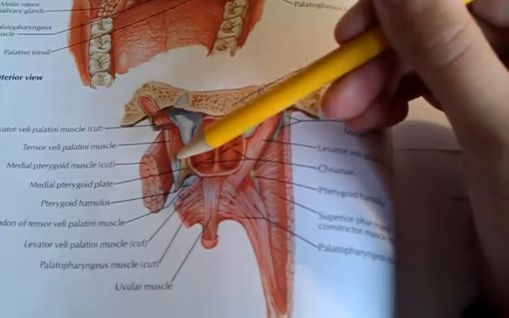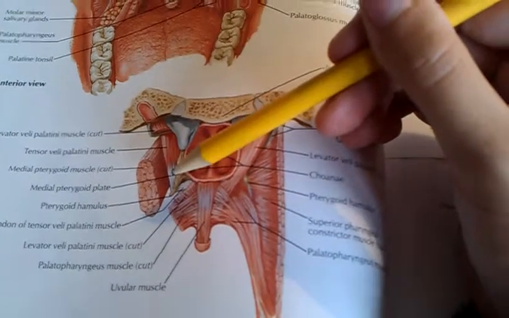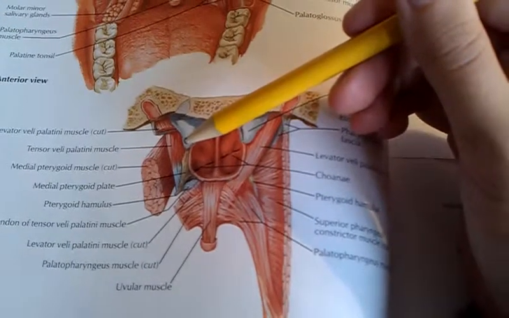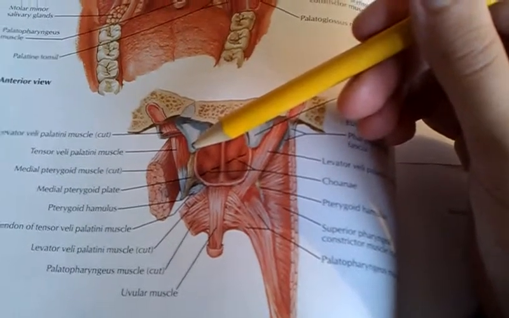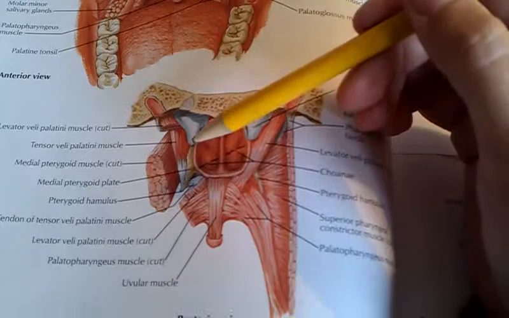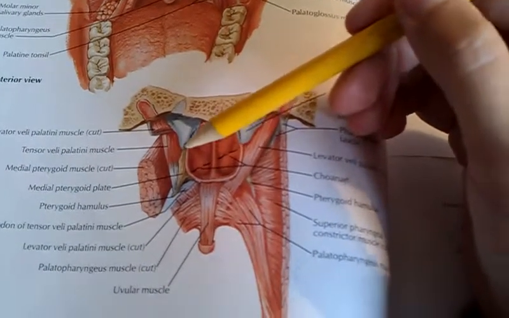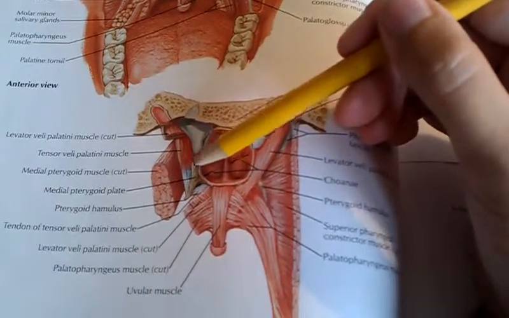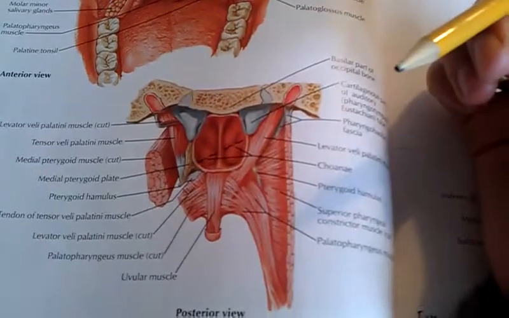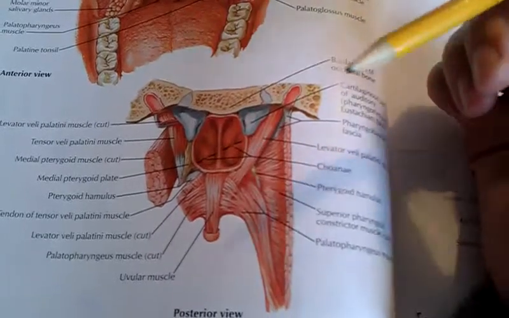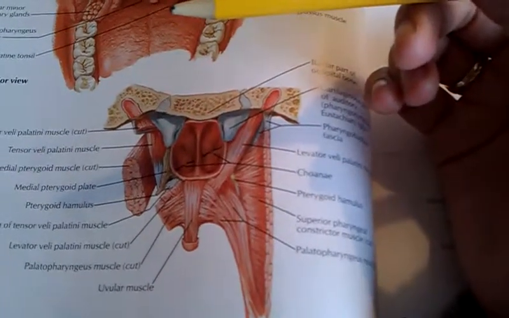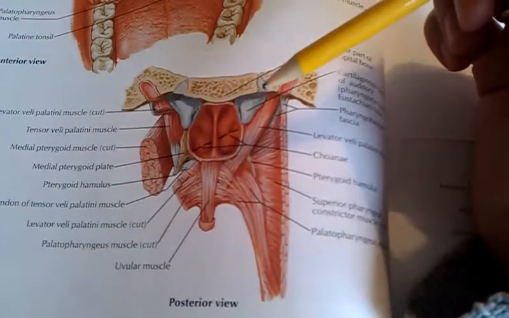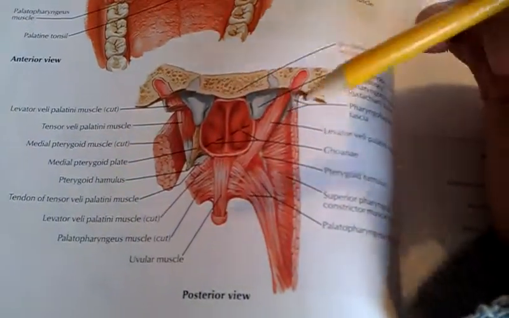So this is the tensor veli palatini muscle, and it originates on the inferior side of the sphenoid bone, and it inserts on the palatine aponeurosis, and that's the expanded tendon of this muscle, and it gives attachment points for the other palatine muscles. And it continues into the periosteum of the hard palate in front.